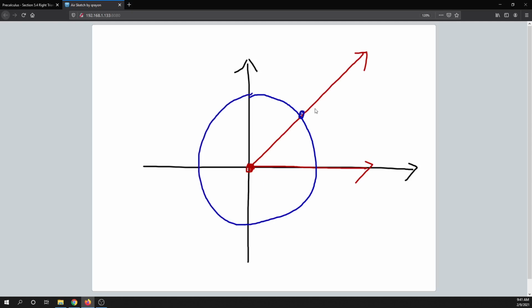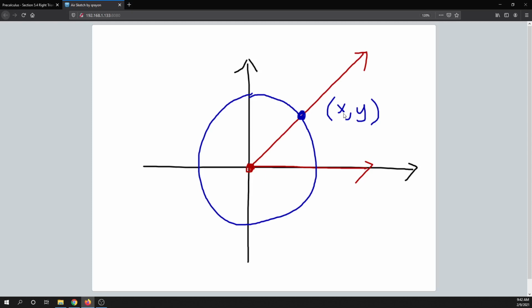And wherever that terminal side of the angle cut through the unit circle, that point, let's call it x and y, we define the 6 trigonometric functions in terms of those two coordinates, right?